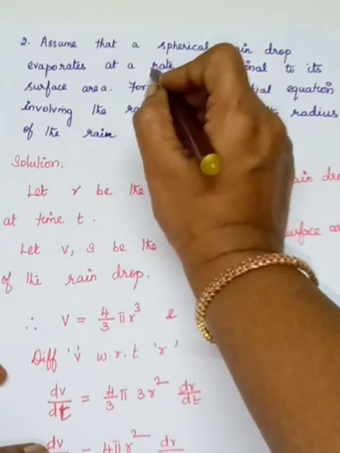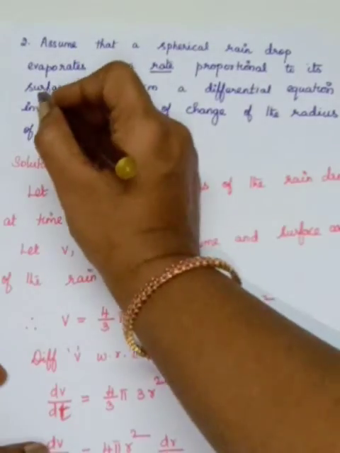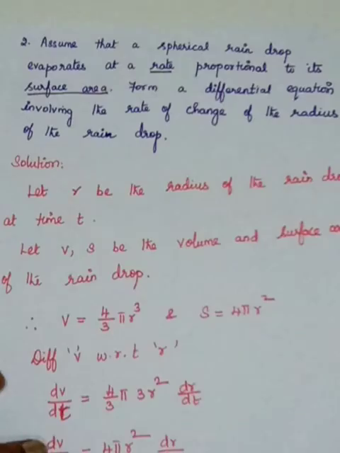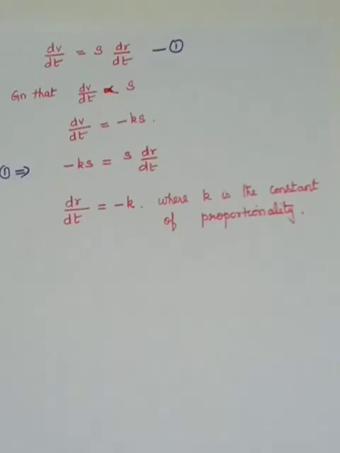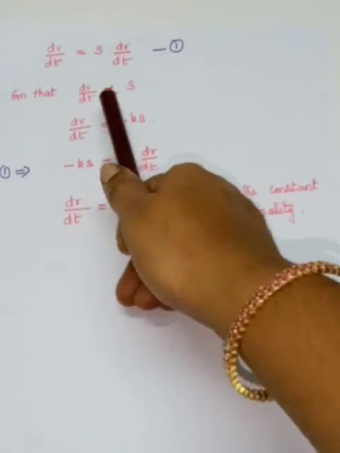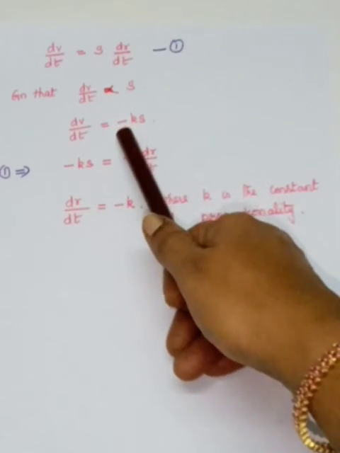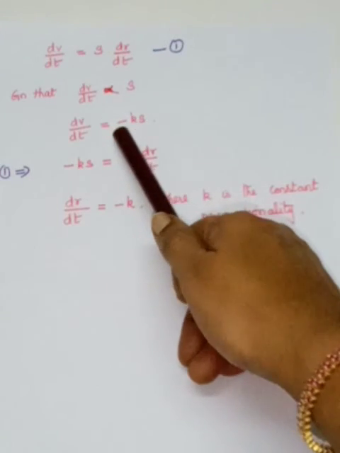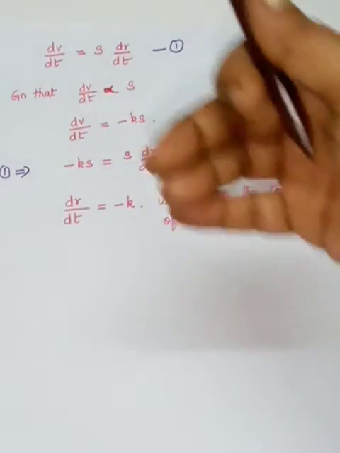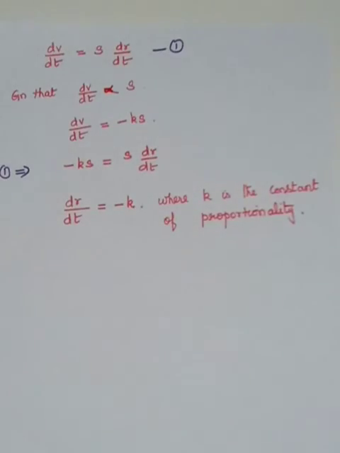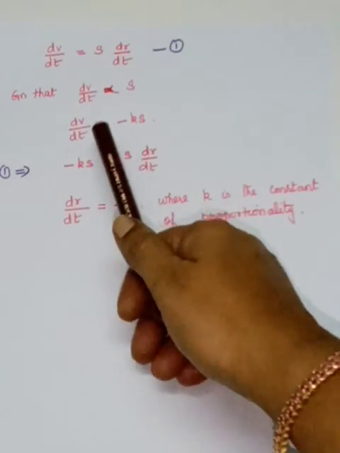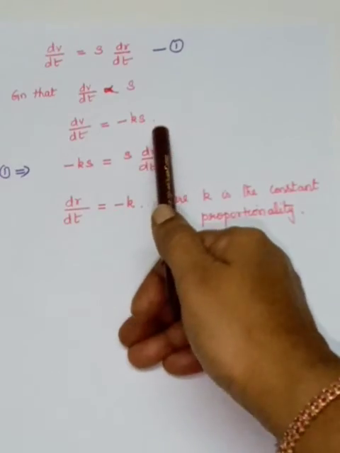The rate of change of volume is proportional to its surface area. So therefore dV by dt is proportional to S. If we remove the proportionality, it is minus Ks. Why I have written minus means it is evaporates. When it evaporates, the volume will be reduced. So therefore dV by dt is equal to minus Ks.